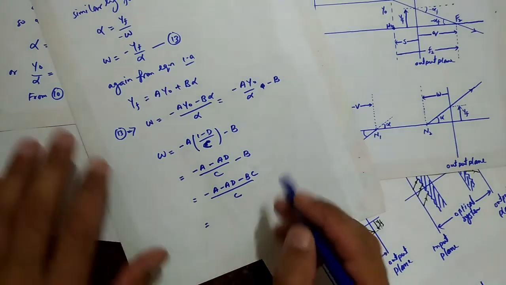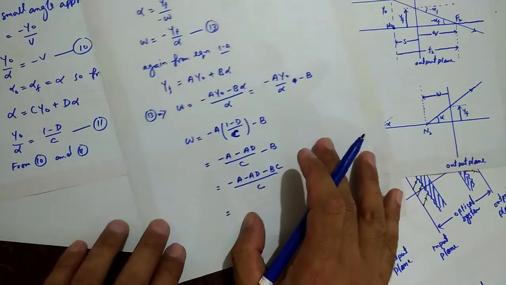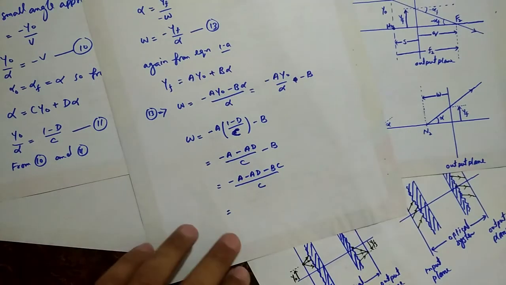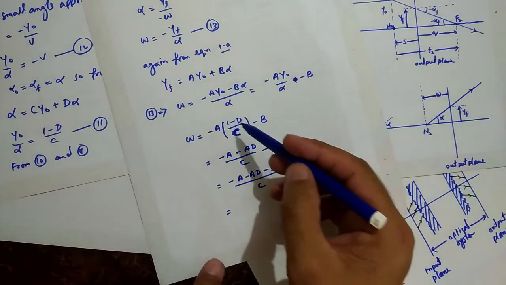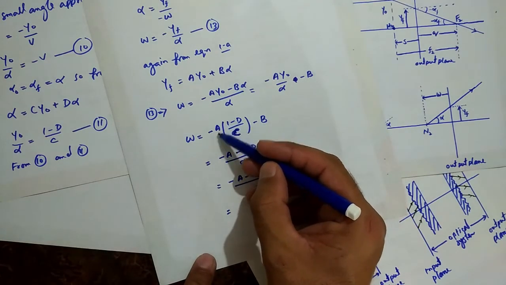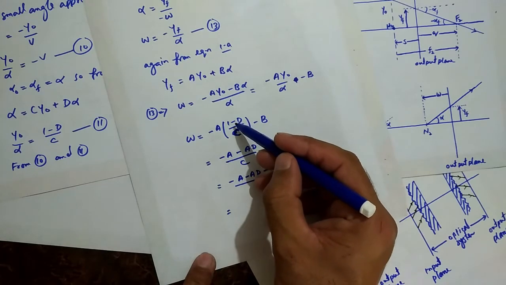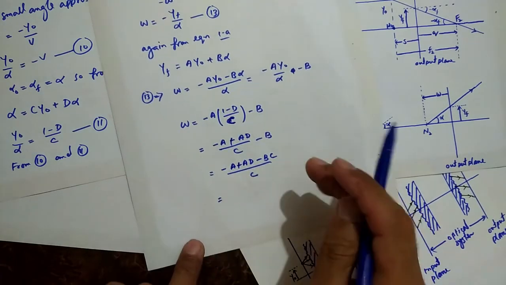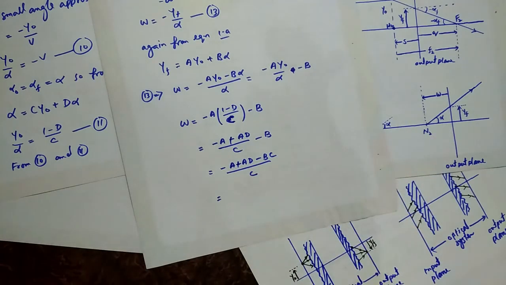Here this term is positive. When a is multiplied with 1, it is minus a, and this will become positive. Clear? These two terms are positive.